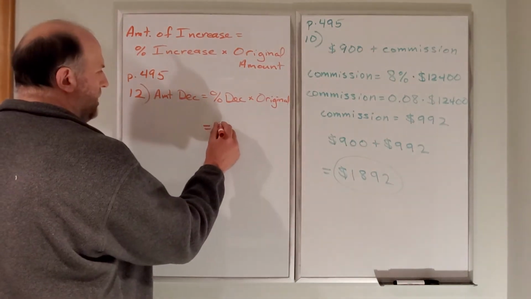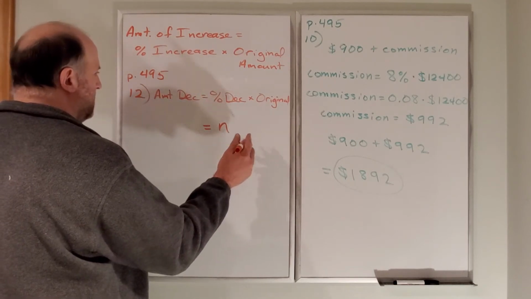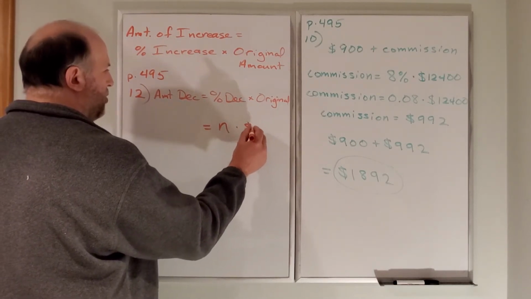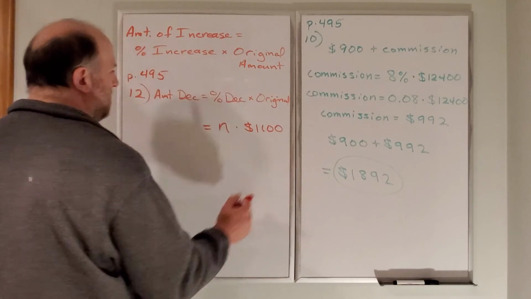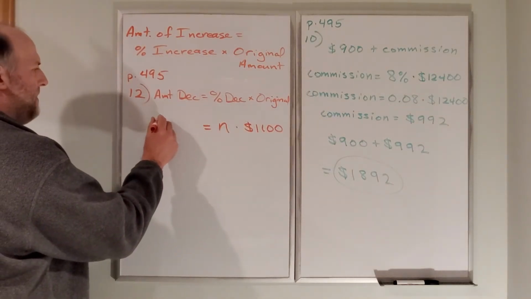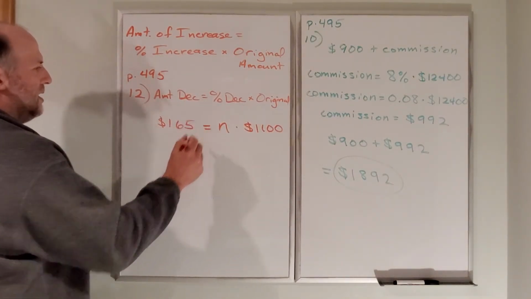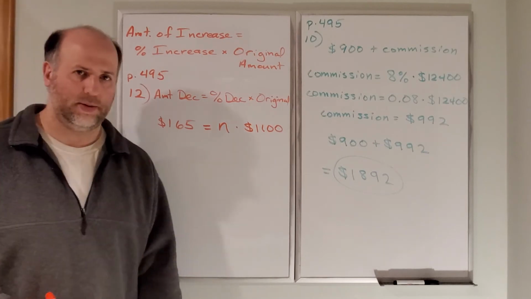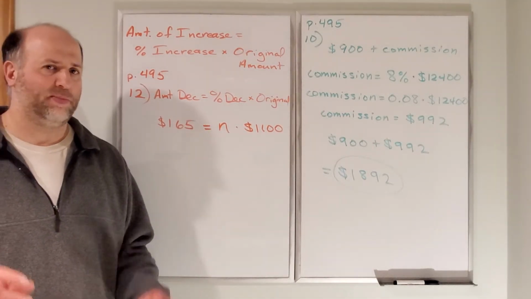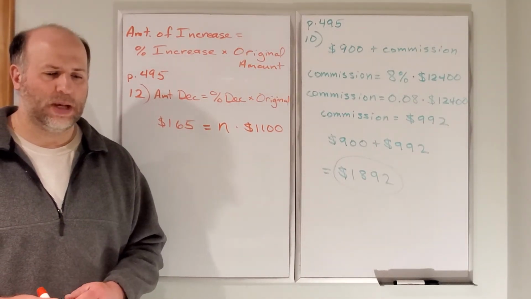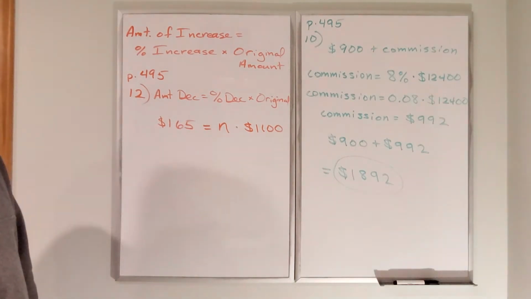Again, I don't know the percent. They did tell me the original price was $1,100 and that this amounted to a decrease of $165 total, whatever percentage this was. Well, how do we figure this out?